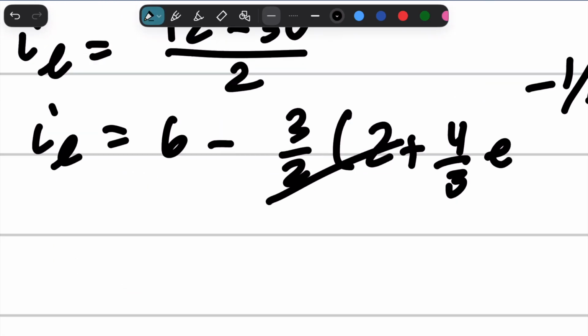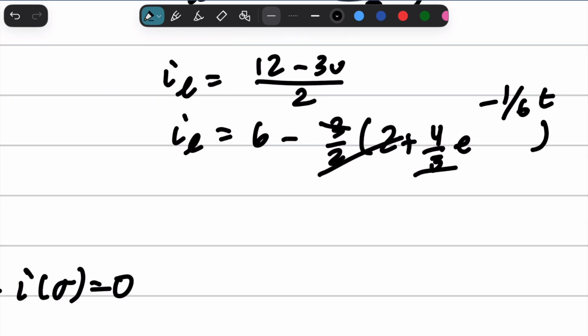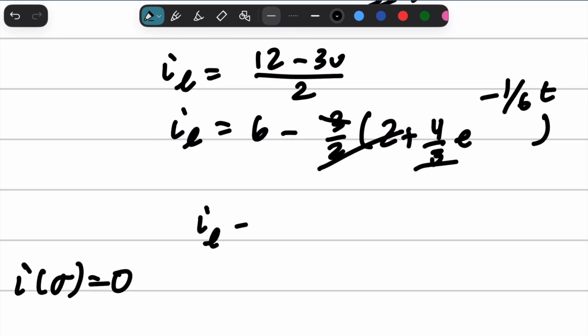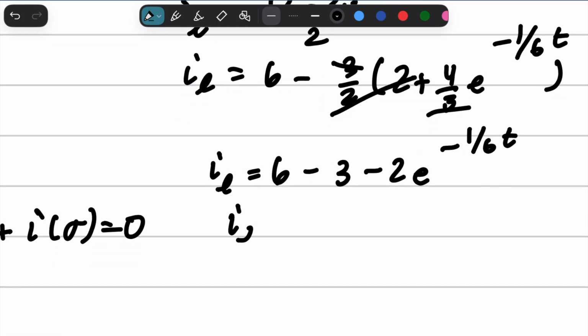This guy cancels out, this guy cancels out, so we're left with IL is equal to 6 minus 3 minus 2e to the negative 1/6t. And we've got IL is equal to 3 minus 2e to the negative 1/6t.